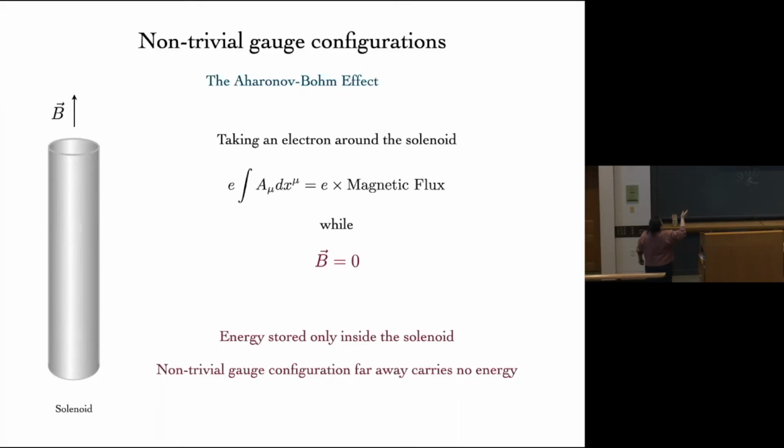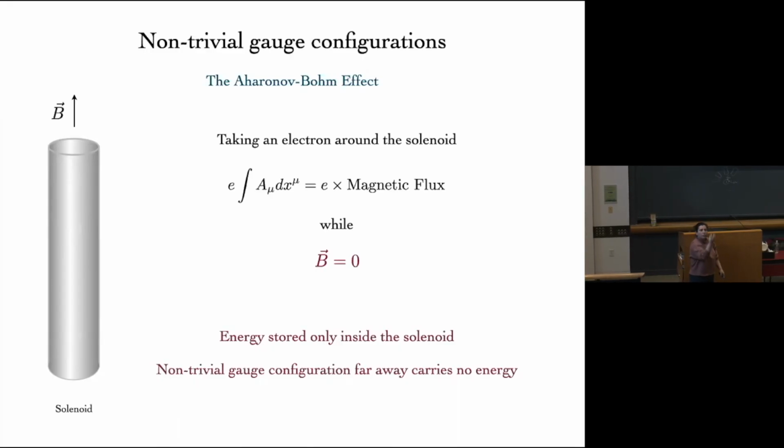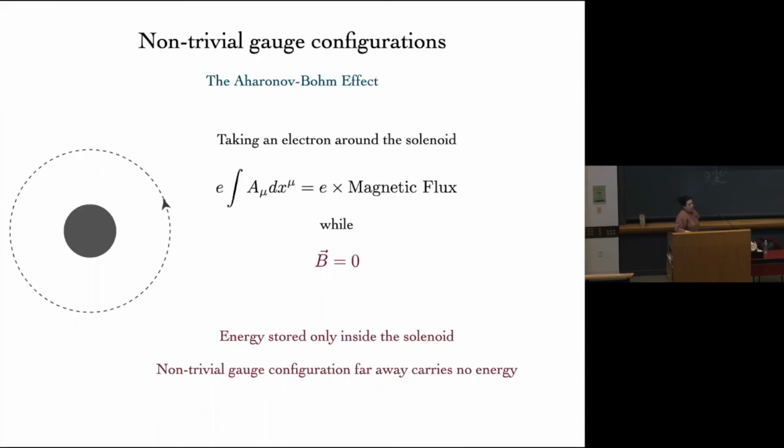Now there is no force on the electron, but it still took some energy. So the energy stored outside the solenoid is 0. It still took some energy to create the configuration in the form of the magnetic field stored inside the solenoid. So let's turn this by 90 degrees. And it turns out that in string theory, a similar thing happens.